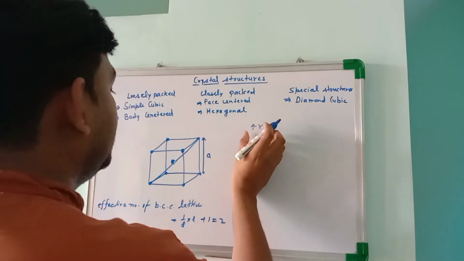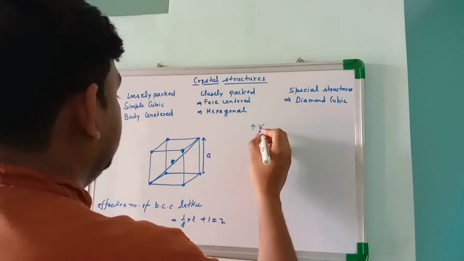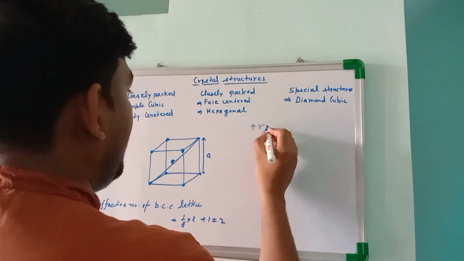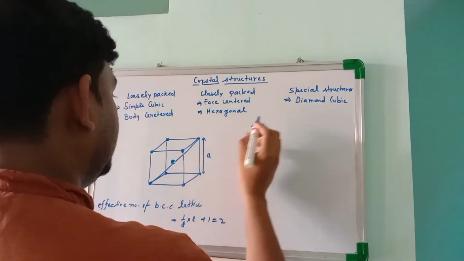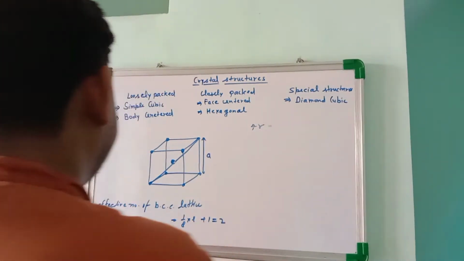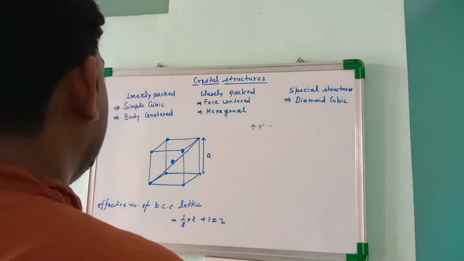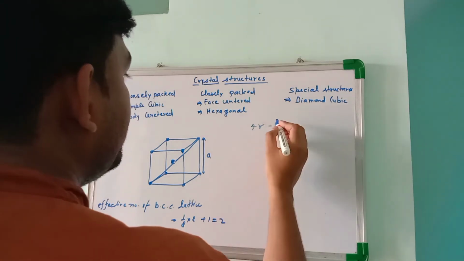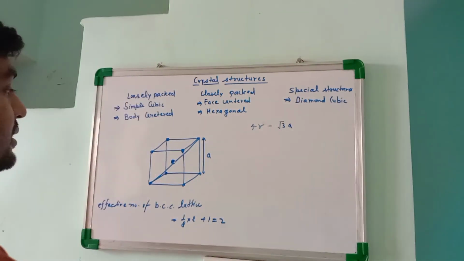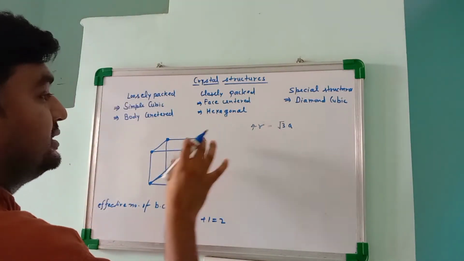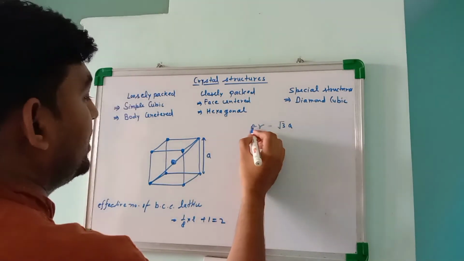The length of this body diagonal is root 3 a, and this is also equal to 4r.